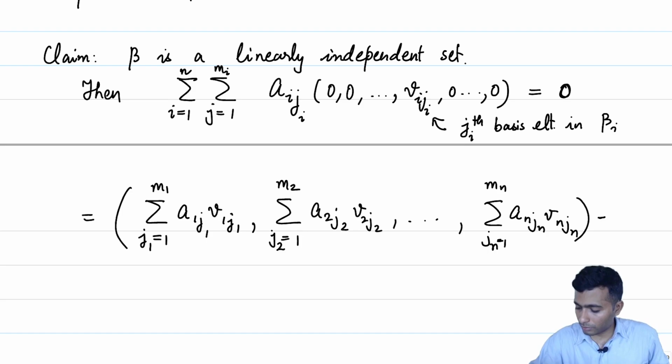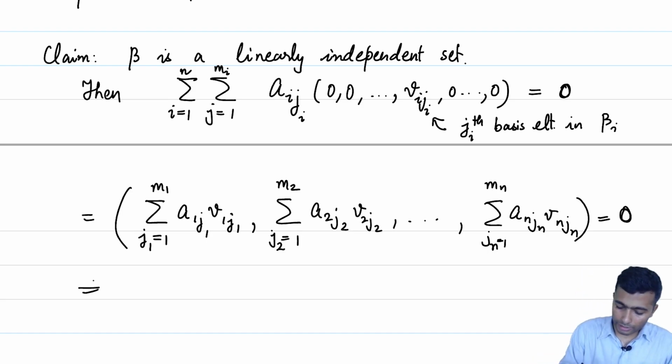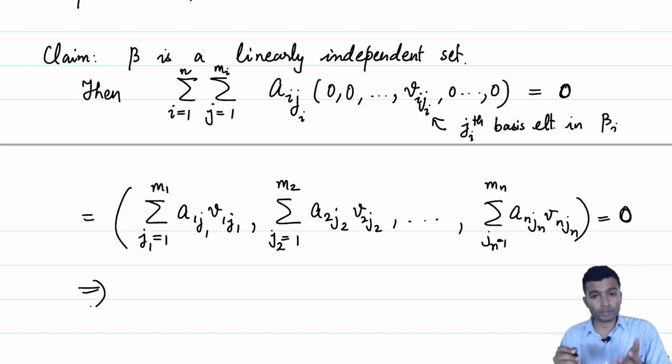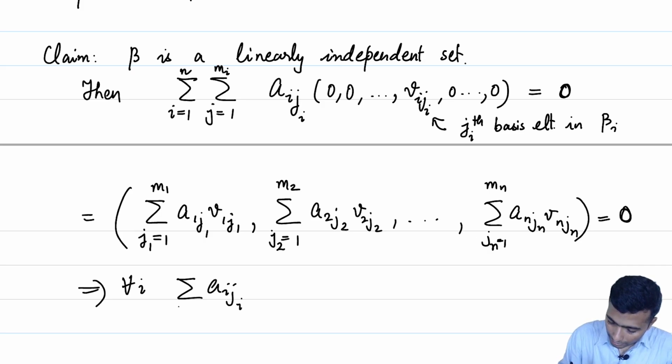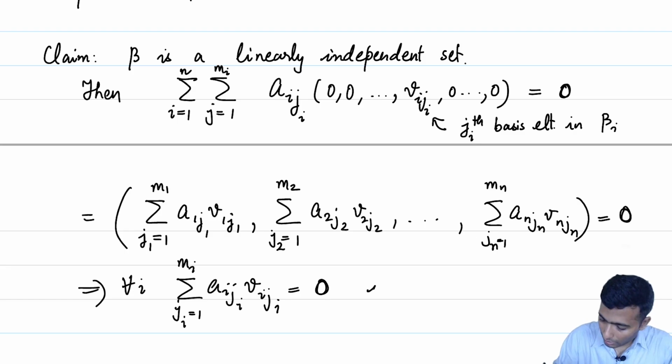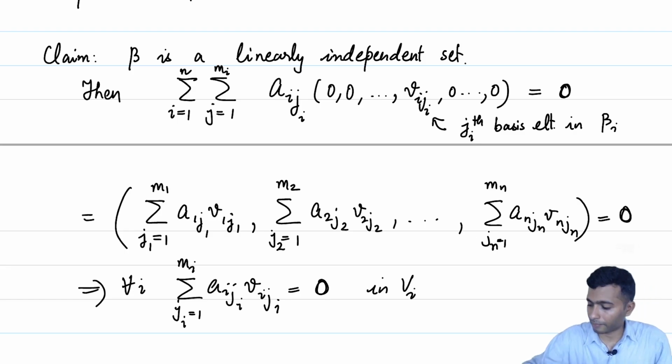But this is equal to 0, which implies that each of the components is individually 0. This implies that for all i, summation of ai ji vi ji, where ji goes from 1 to mi, is equal to the 0 vector in Vi.